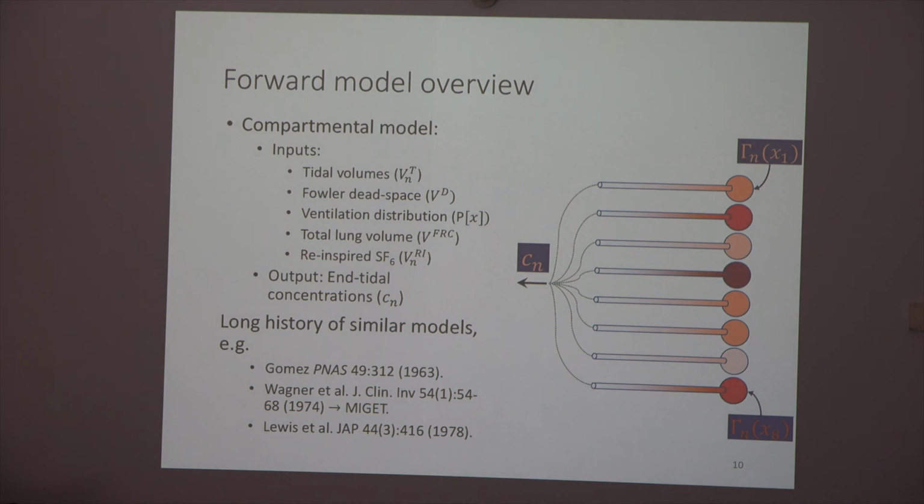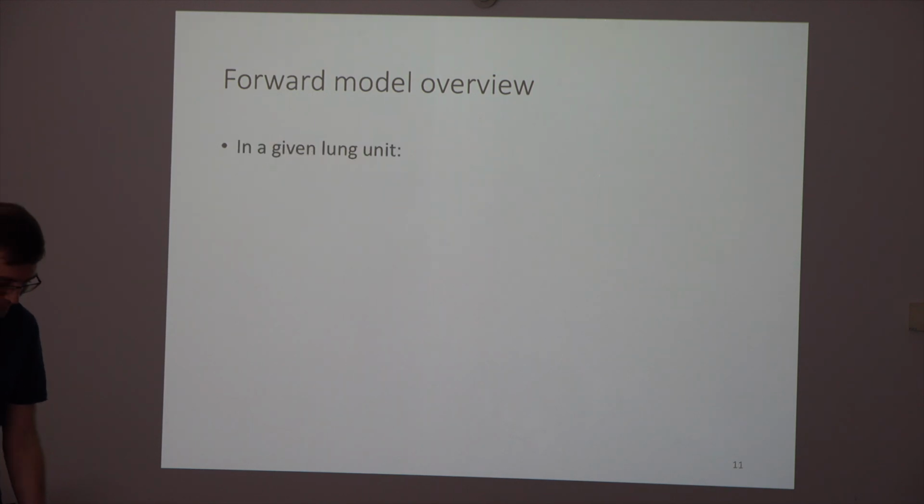You can re-inspire some gas, which slows down the washout, so you account for that. This one's slightly different, but a PNAS paper from 1963 was the first to try to fit this kind of model to some data. But they didn't have the MRI technique to compare to or put in back then.